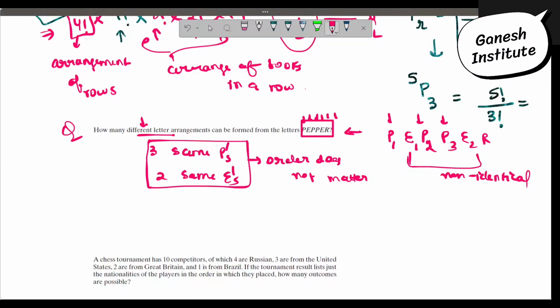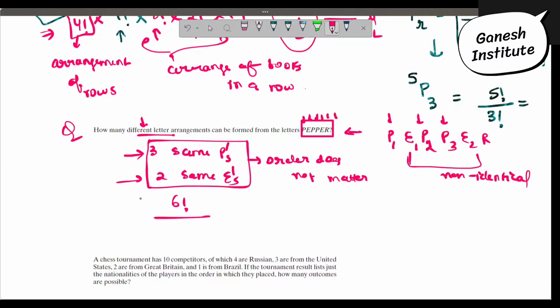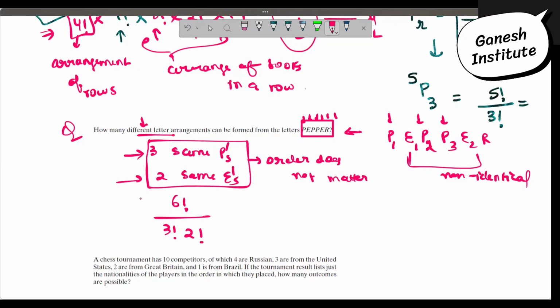So if they are identical, then I need to divide their arrangement out of it. For example, you will do 6 factorial, but you will divide for those arrangements which are repetitive in nature, for those for whom order doesn't matter. So 3 factorial for same P's and 2 factorial for same E's.